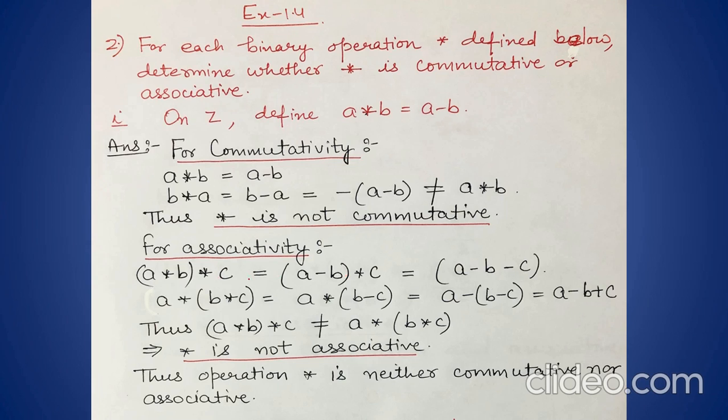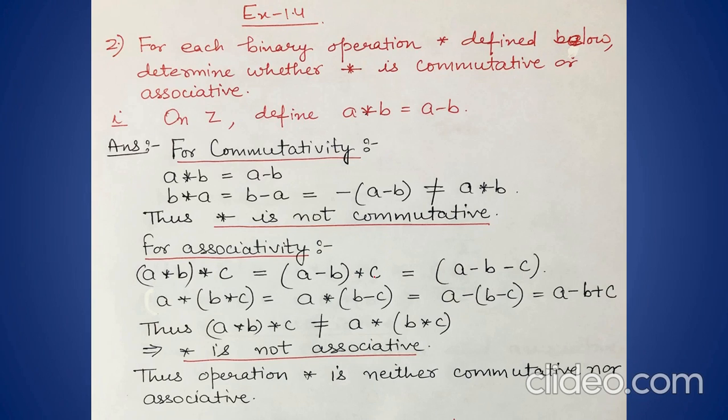A star B की वैल्यू हमने पुट करी A minus B. Now it becomes bracket A minus B star C. अब हम जो बाइनरी ऑपरेशन है वो दो एलिमेंट्स किन पे लगाएंगे? A minus B पे और दूसरा C पे. तो that will be first element is A minus B and minus second element is C. तो हमारा रिजल्ट क्या आएगा? A minus B minus C.